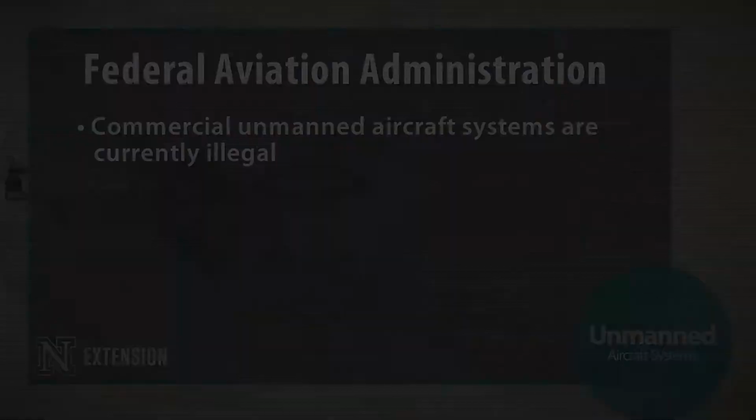Unmanned aircraft are currently illegal to fly for commercial purposes in the national airspace. The FAA regulates the national airspace, takes their job very seriously, as they should, because their primary concern is safety.